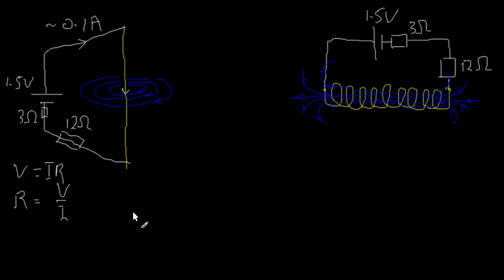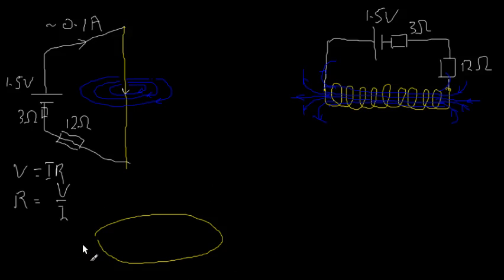I'm going to bend this long straight wire around into a flat circular coil. Just a single circle, not lots of turns, just a single turn.